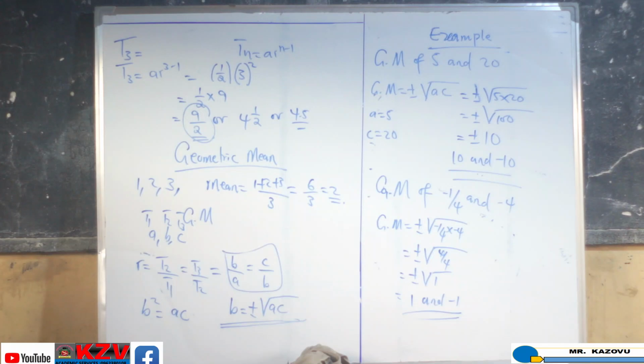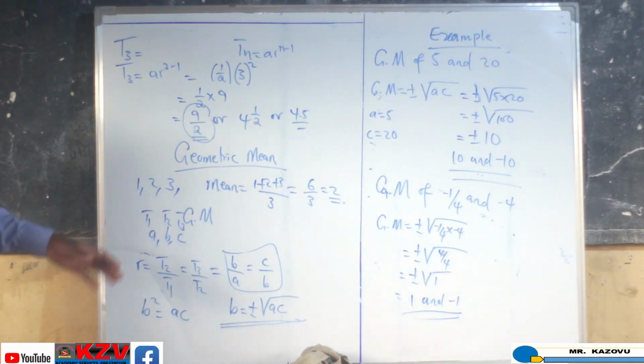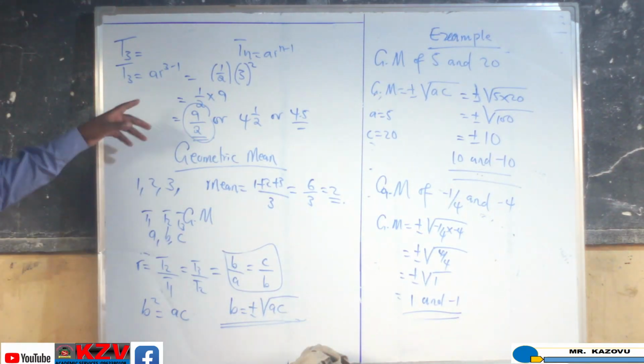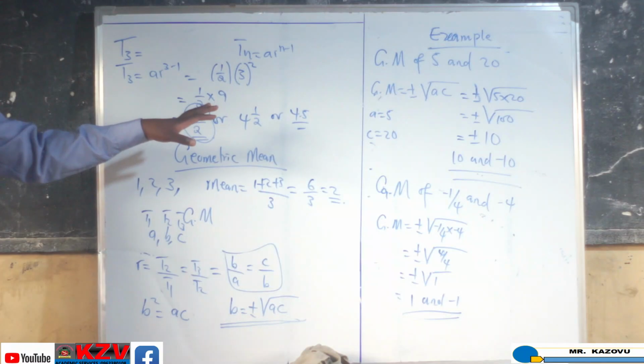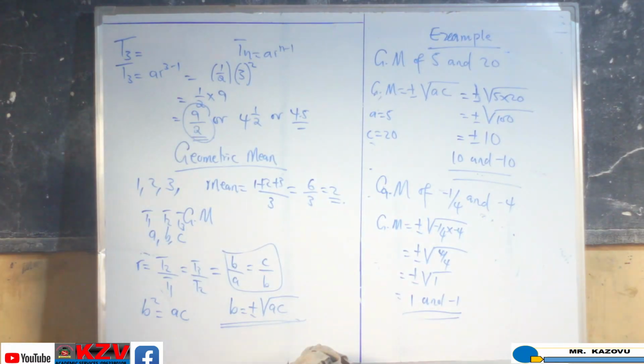Okay. So the sum of a geometric progression, the sum of a geometric series, is the sum of a geometric progression. We can have, let's say, a first term of 1/2 and then we have a GP.